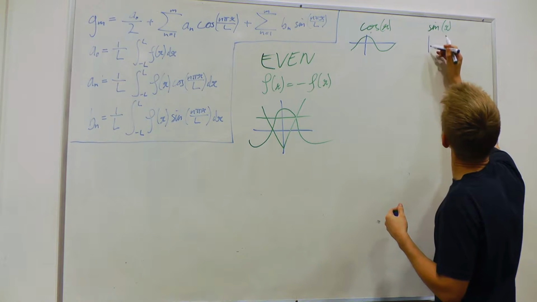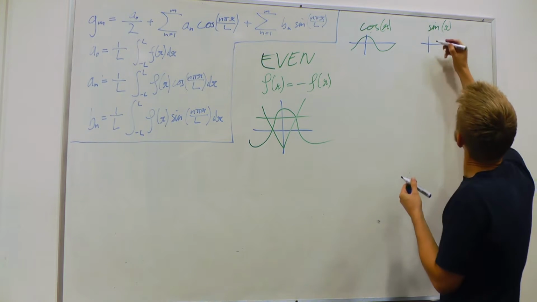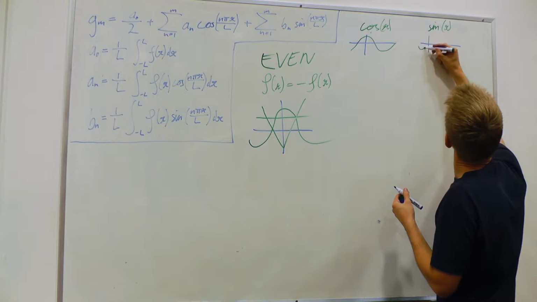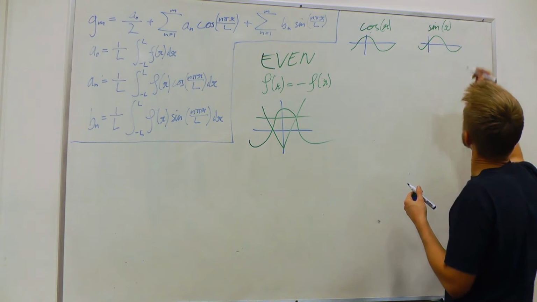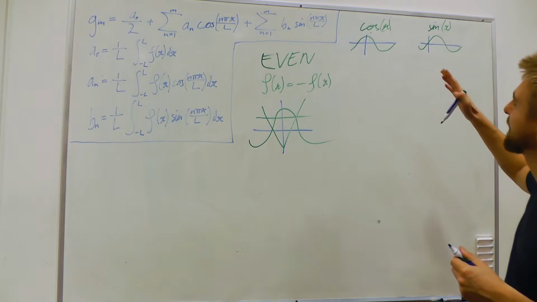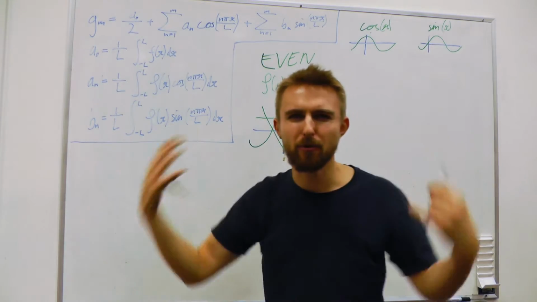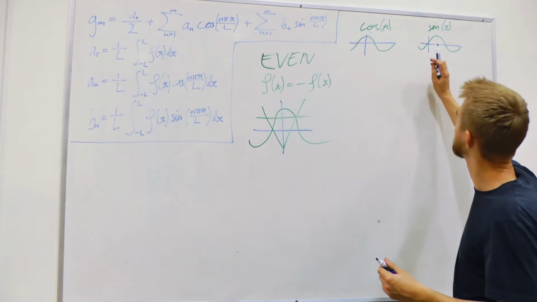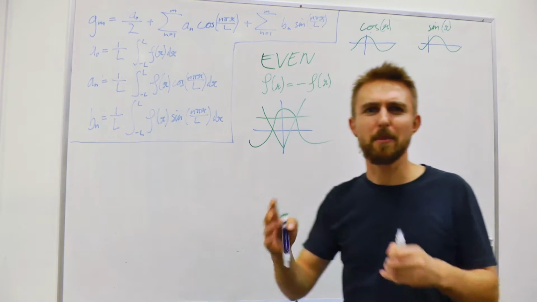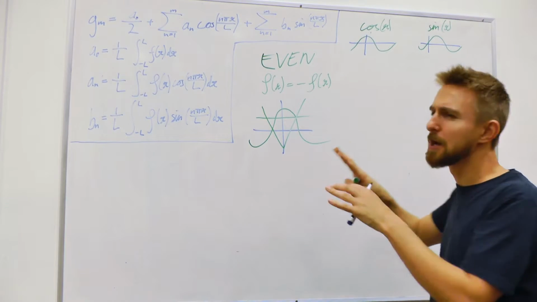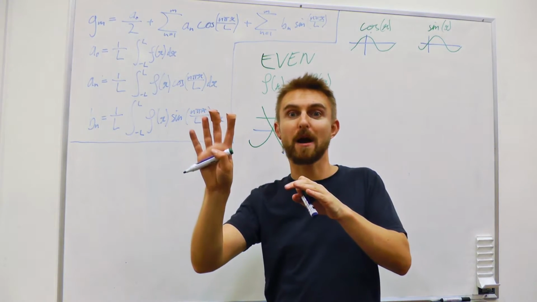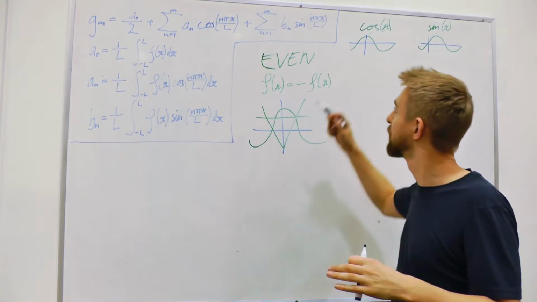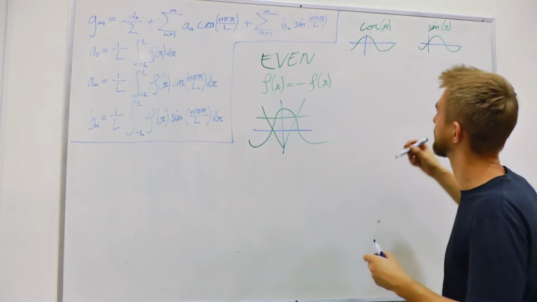What do our two functions look like? Okay, and sine, of course, looks like this, which is an odd function. Okay, so imagine if we're trying to approximate an even function. There's no way that it can include any contributions from the sine terms because the sine terms are themselves odd. So you'd always end up with one side of your y-axis being different from the other, which would not sit well with this definition of even functions.